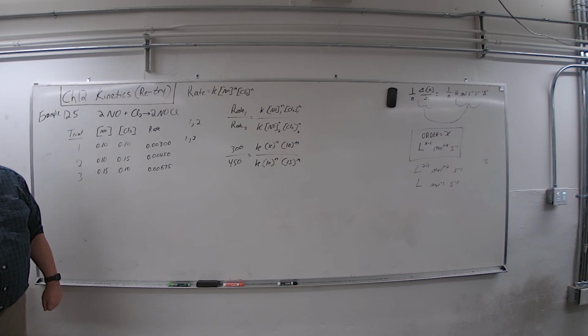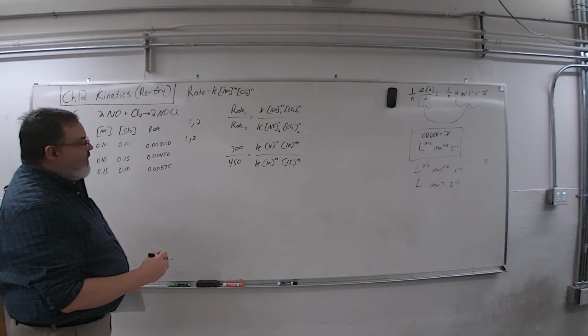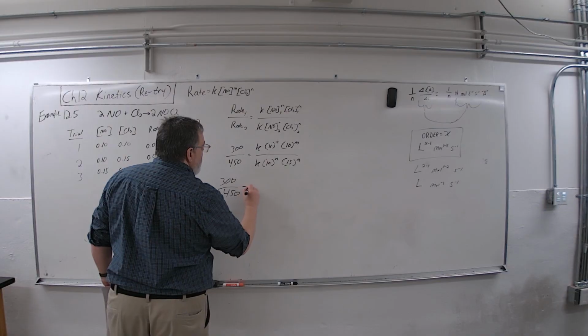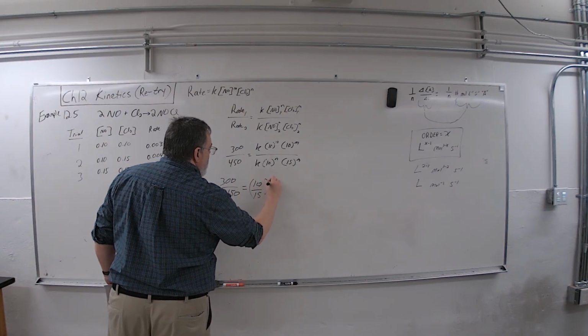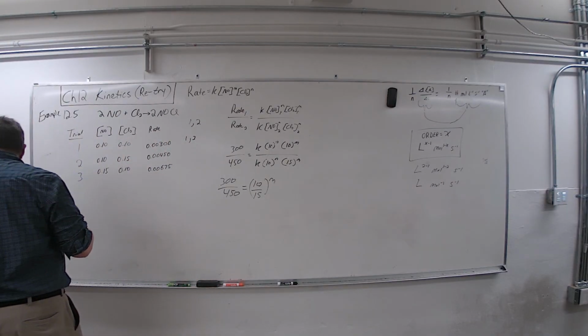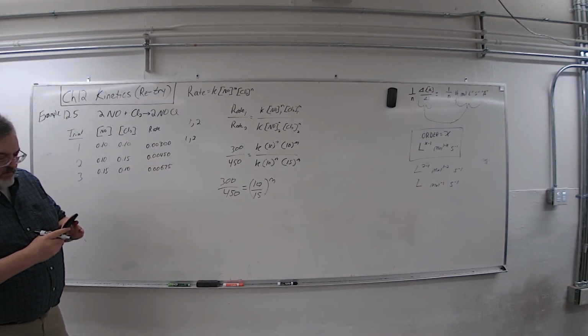You still hung up? I don't think so. Anybody find M or any of these yet? What'd you get? 1. Pretty sure that's 1 over 3. Is that what this is? Or no? 2 over 3. 2 over 3. 300 divided by 450.